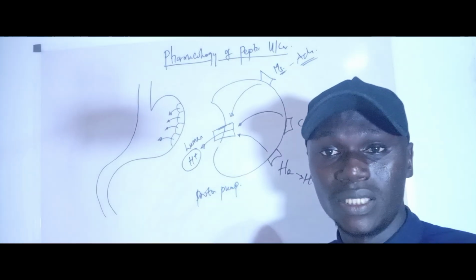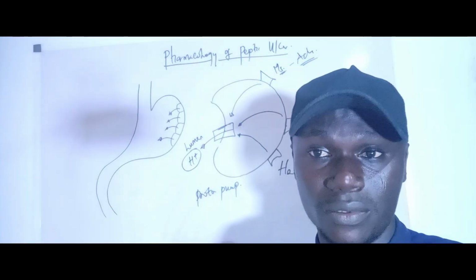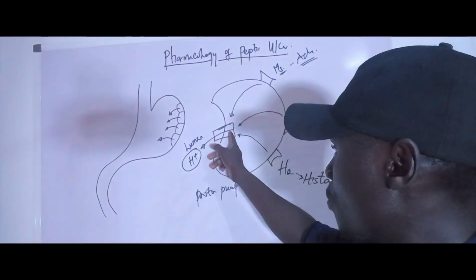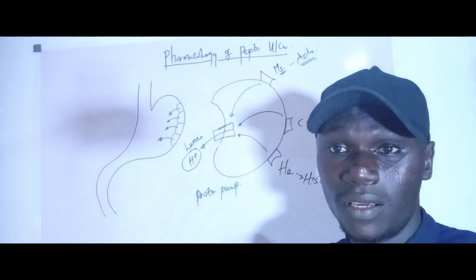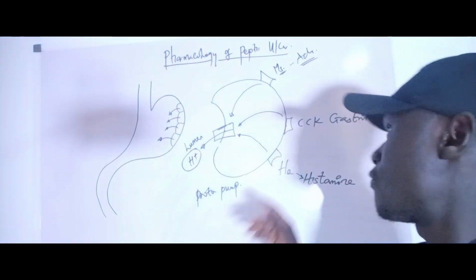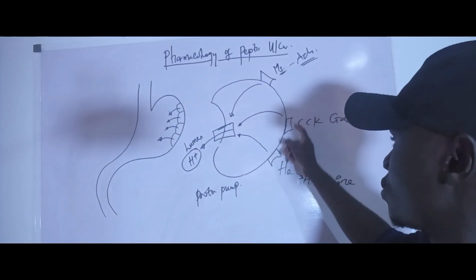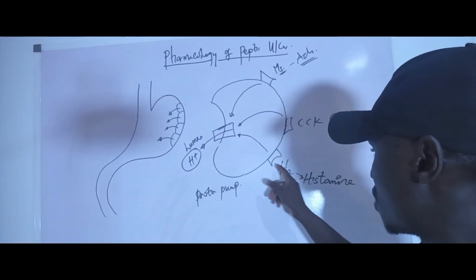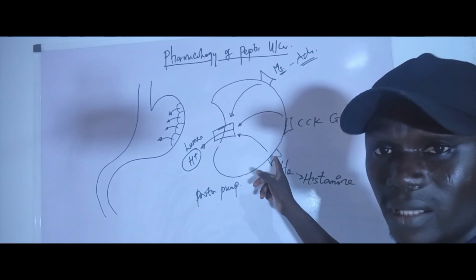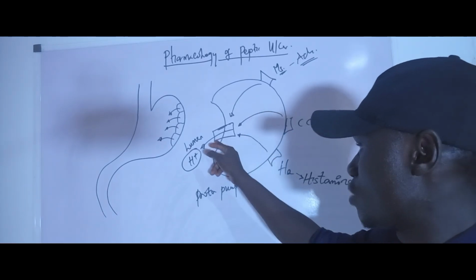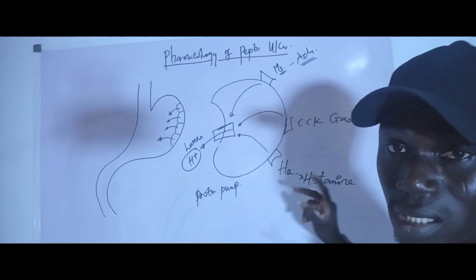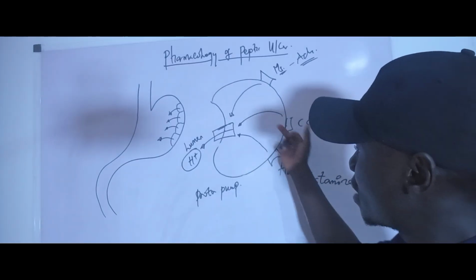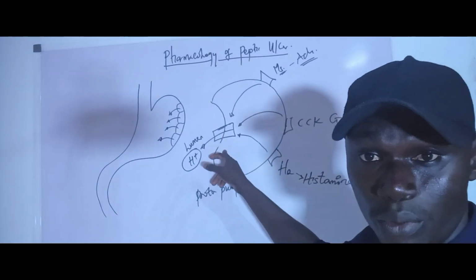So in the physiology of acid secretion, take note that this proton pump is what actually secretes the acid, but it gets signals from stimulation of these receptors. When histamine stimulates the H2 receptor, it will send signal to this proton pump. When gastrin stimulates the CCK receptor, it will send signal to the proton pump.